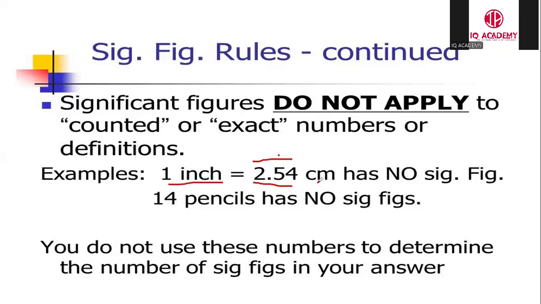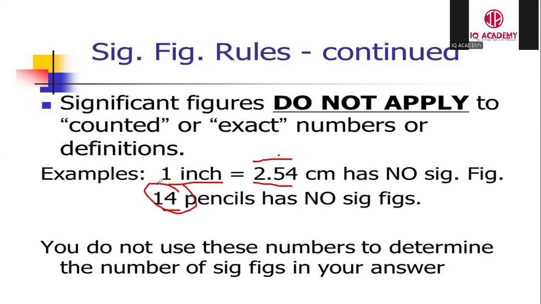For example, you want to go to school, you're preparing for the university, and then you buy 14 pencils, as I have put it here. You got that 14 by counting, like you counted 1, 2, until you have 14 pencils. So it means that 14 does not have any significant figures because it's a number that is obtained by counting.